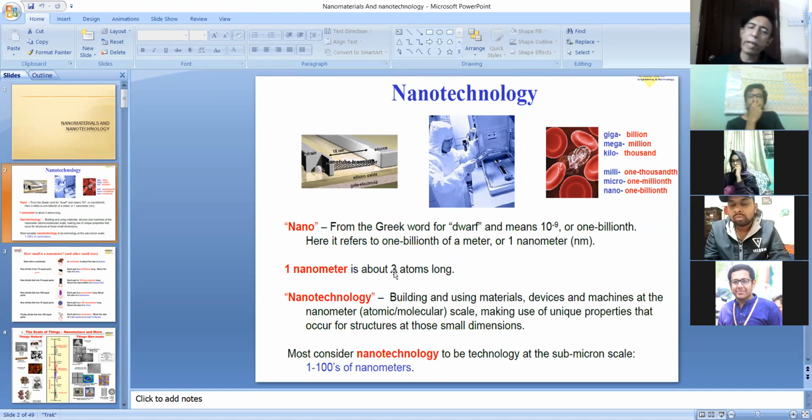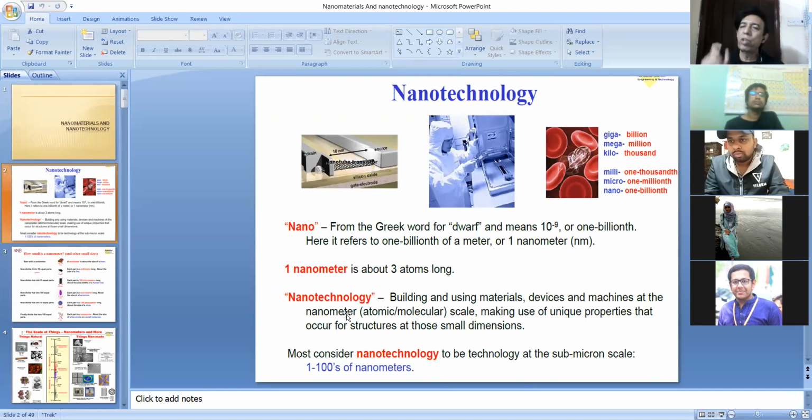Now, what is nanotechnology? Nanotechnology means building something with nanoparticles. That means particles of nanometer range. Building something with the particles of nanometer range is called nanotechnology.